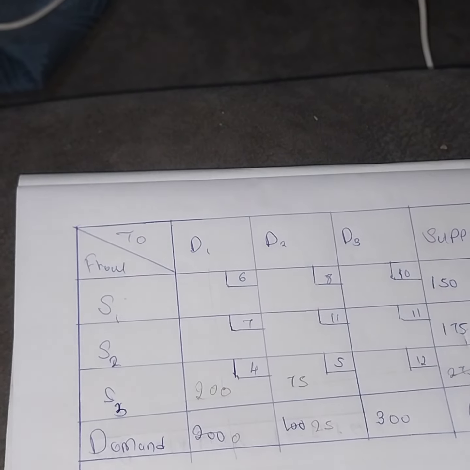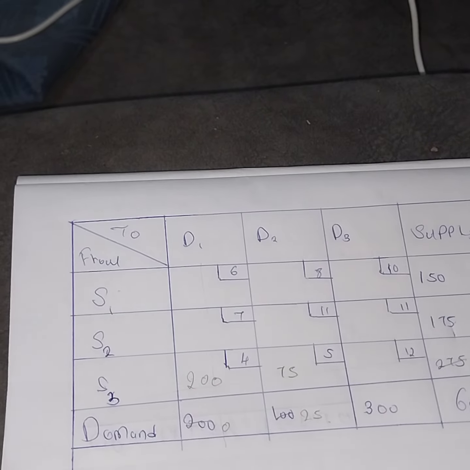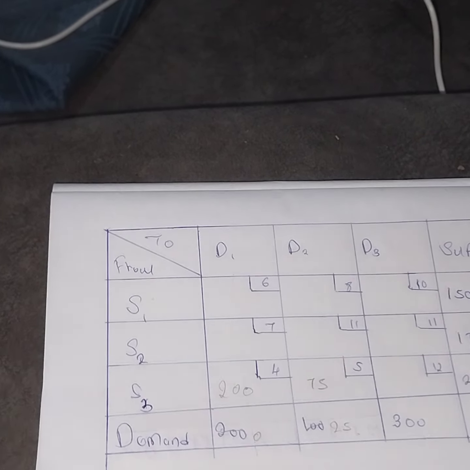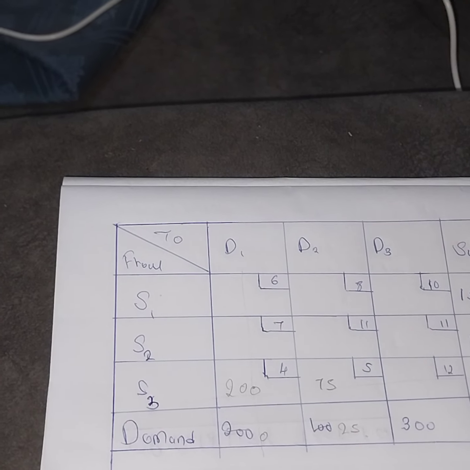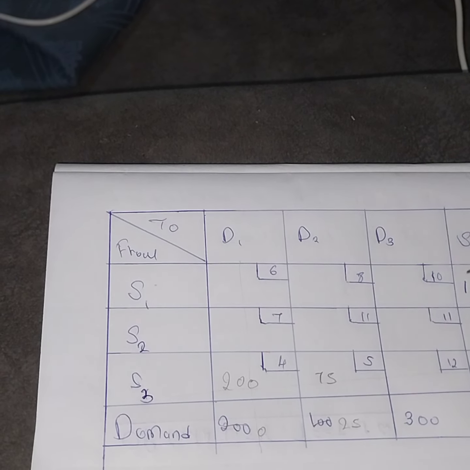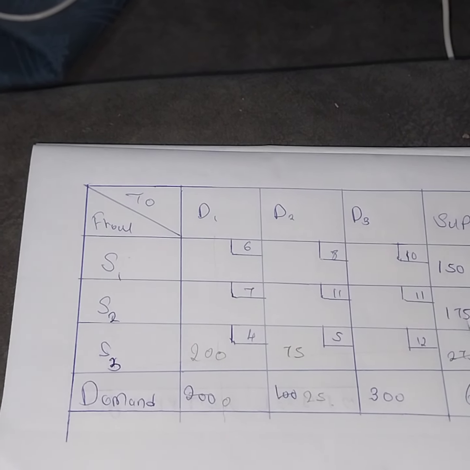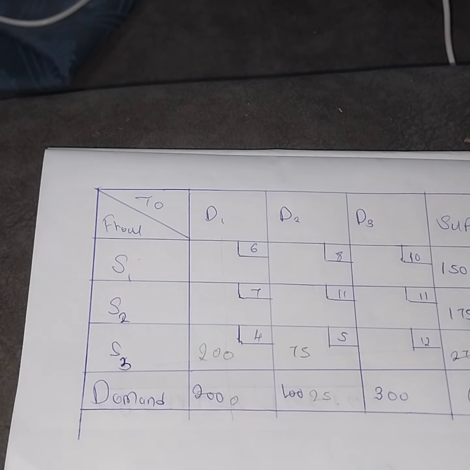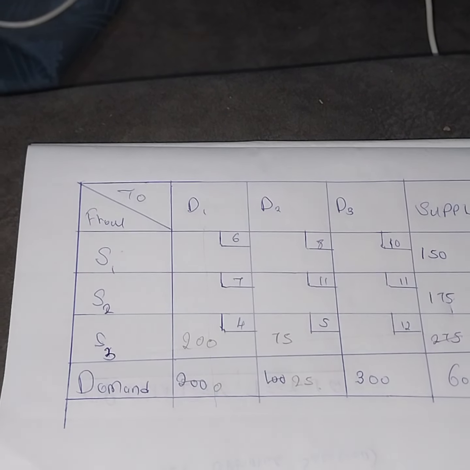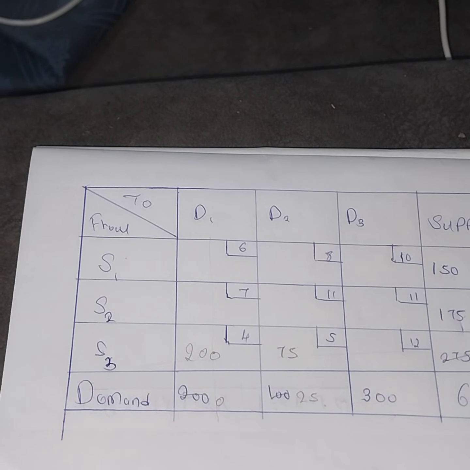We can also cross out this row, so that we only have these ones, and now we have 8, 10, and 11 for the cost of transportation. So the least cost here is 8, and the demand for this is 25.